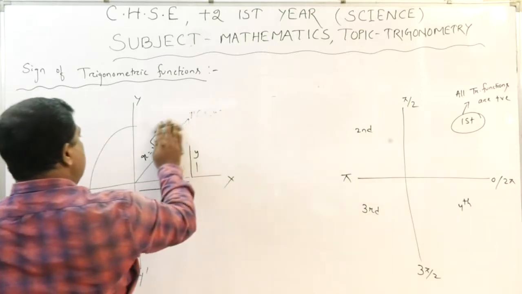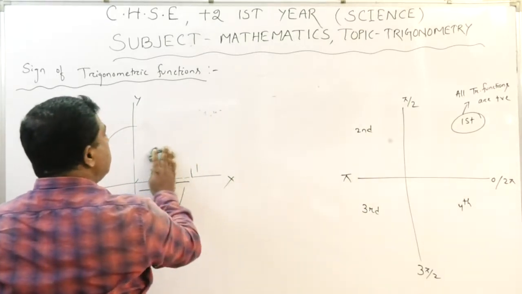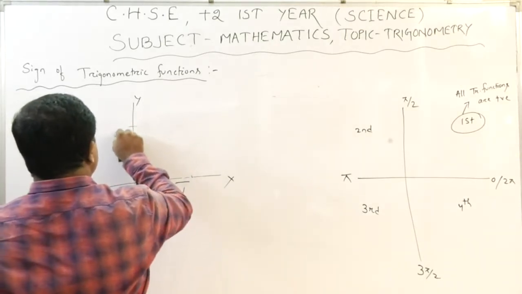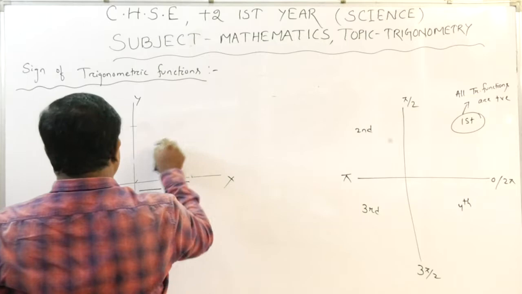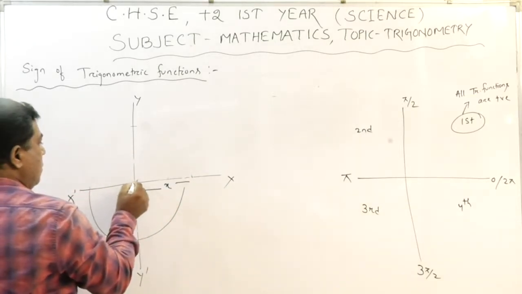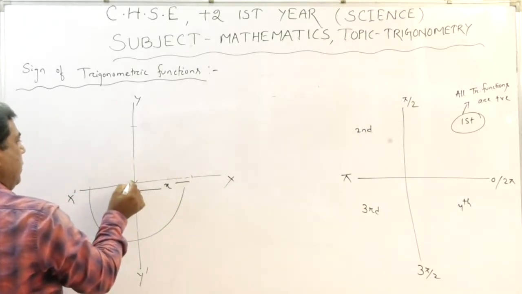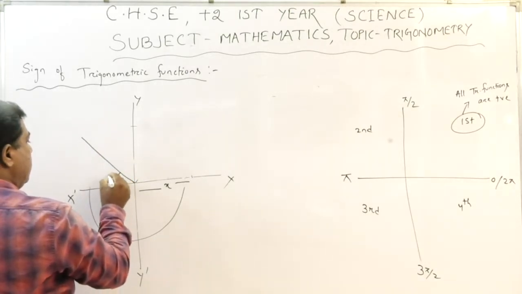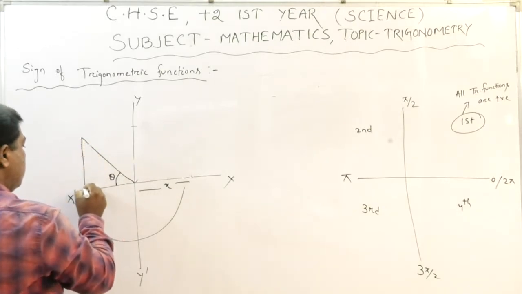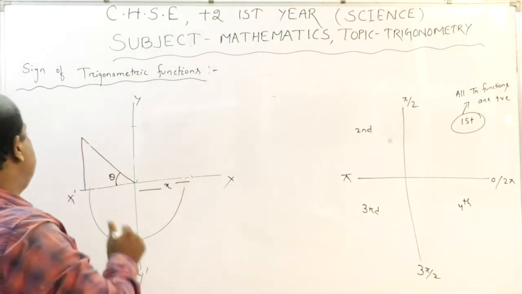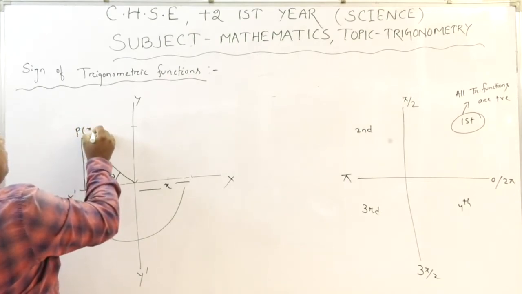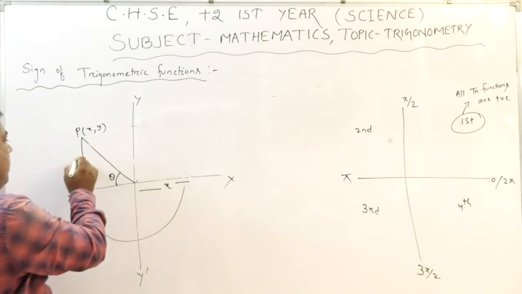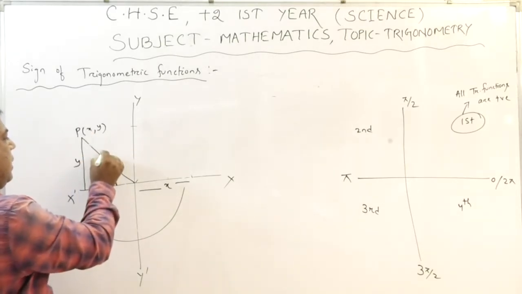Let the angle be rotated and let it be here with this angle theta. This is the angle theta. This is our point P with coordinates x, y. This is y, this is x, and this is r.